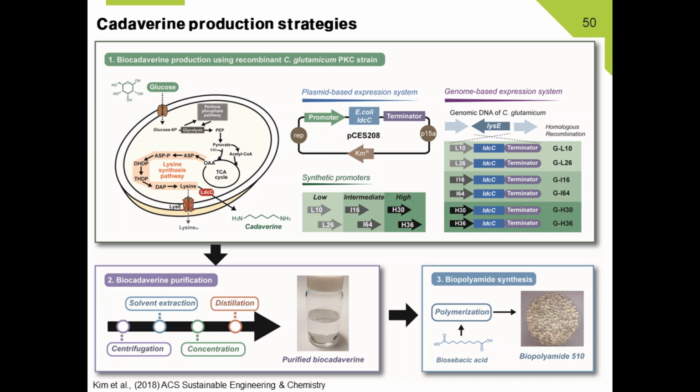So we tested different low, intermediate, and high strength promoters. After we selected the best promoter to use, we integrated the best promoter and enzyme combination into the genome of Corynebacterium by inserting the specific gene cassette into the lysE site, the lysine export system.